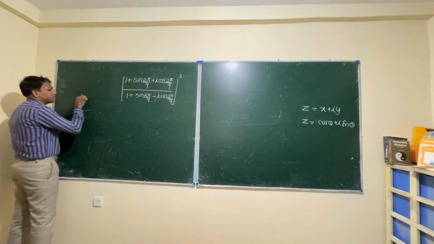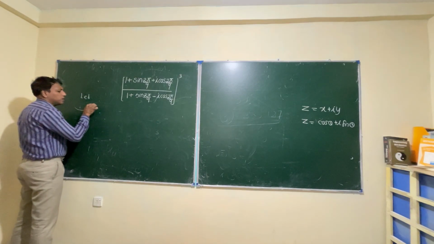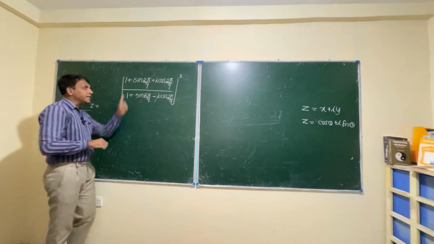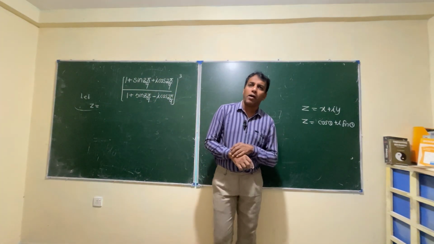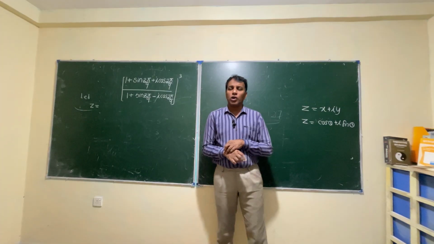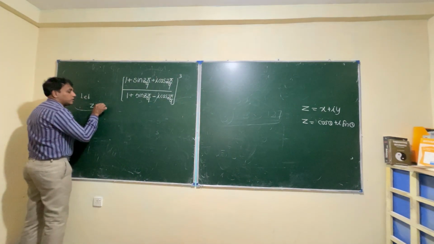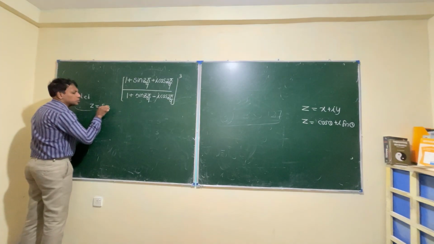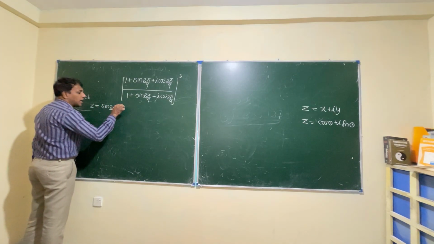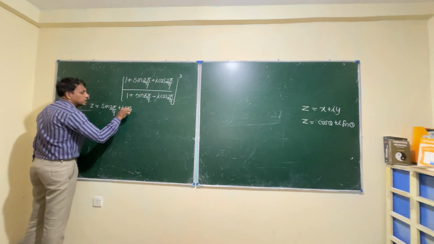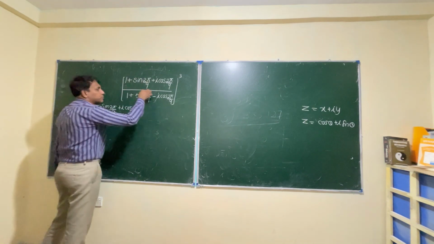Let z equal sine 2 pi over 9 plus i cos 2 pi over 9. I take this part as z.